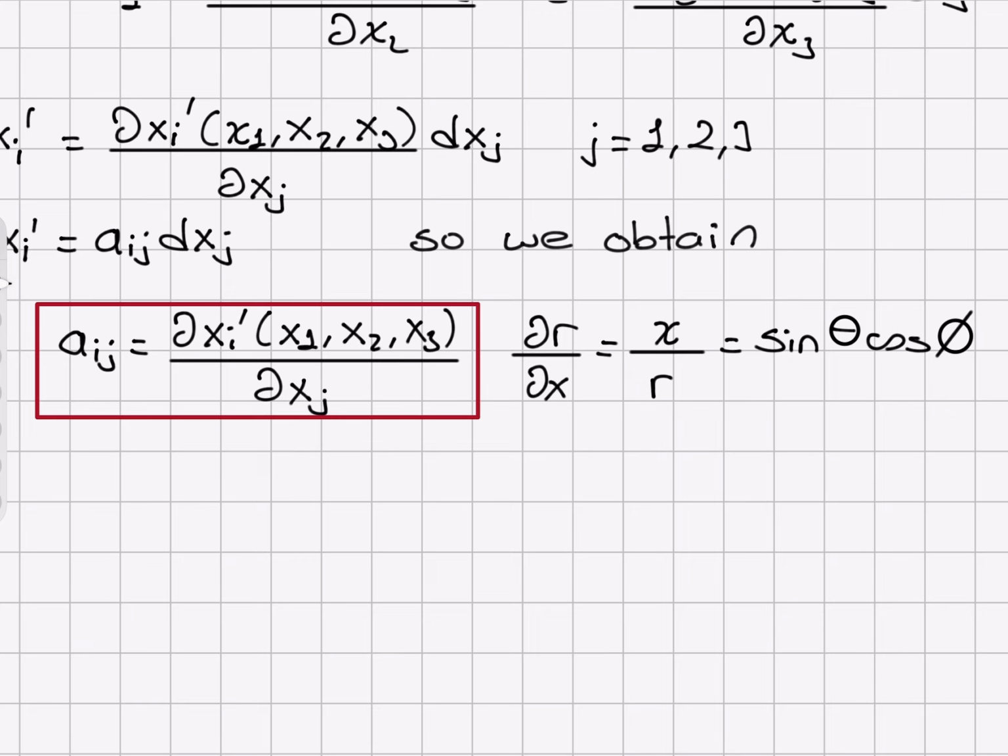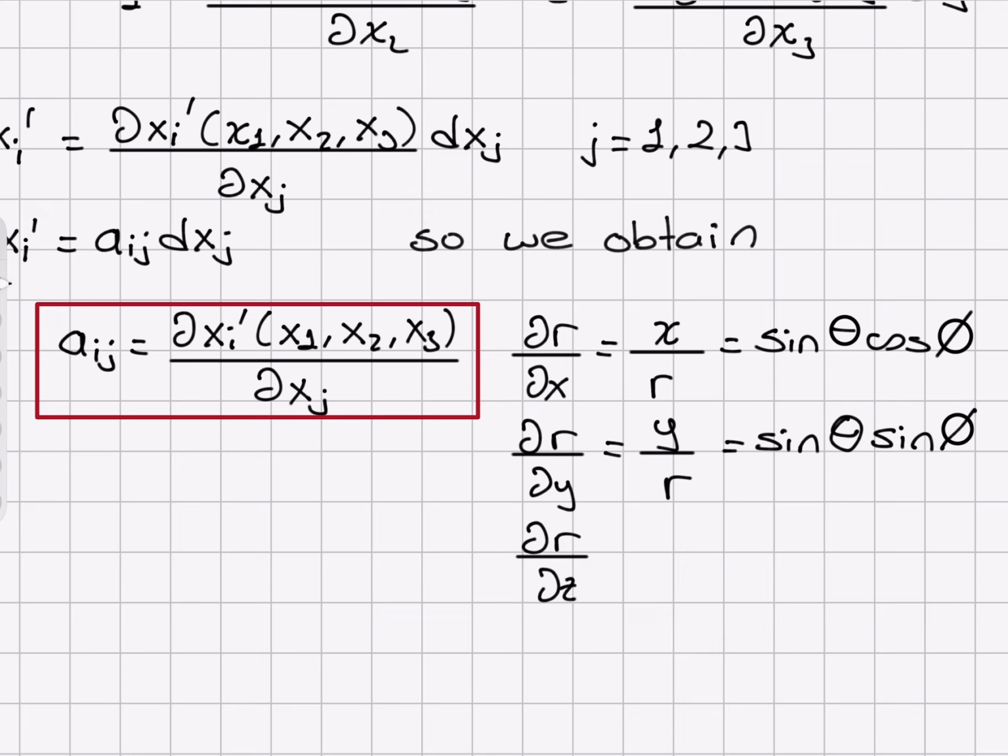If I look at del r del y, now it's all symmetric from this point on, it would be equal to y over r, and this time would give me sine theta sine phi, because y is equal to r sine theta sine phi. And if I look at del r del z, which is z over r, and z is equal to r cosine theta, this would give me cosine theta.